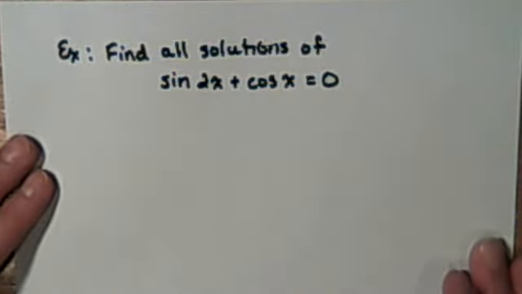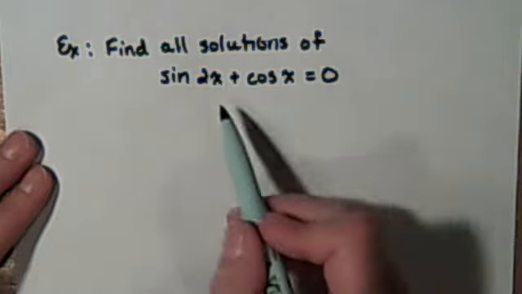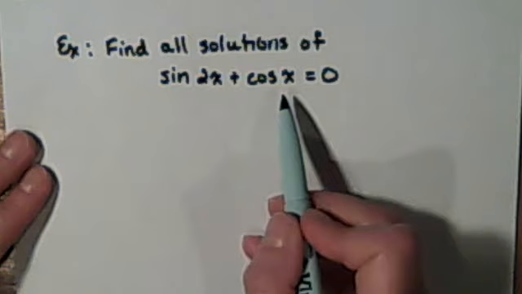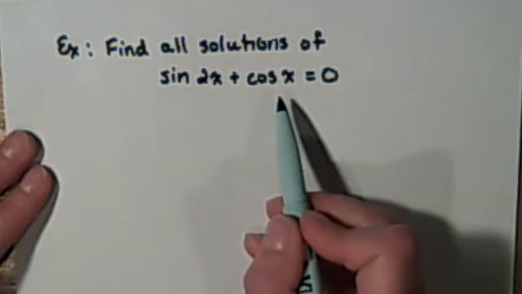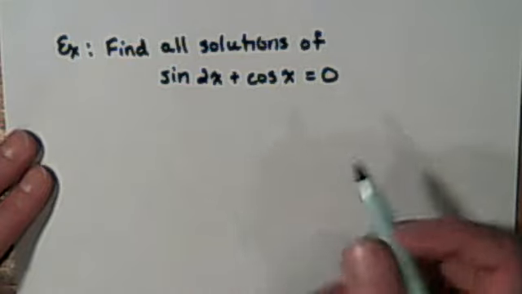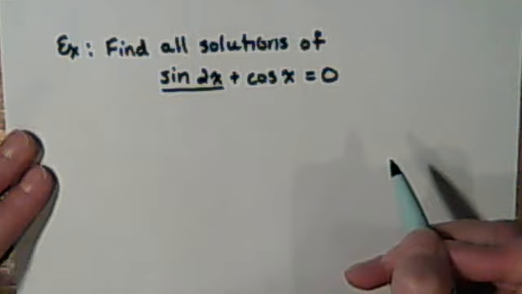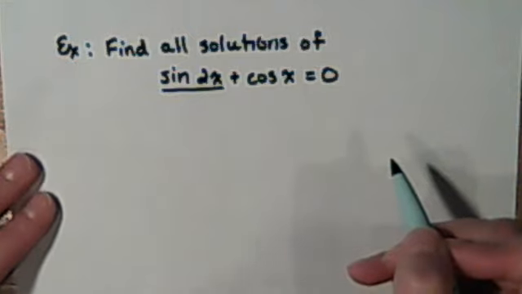Now the first thing you'll notice is that these are not both in terms of the same angle. So I can't solve it the way it's written. So I need to be able to rewrite one of these in terms of the other one. The most logical one would be to rewrite the sine of 2x in terms of just an x.